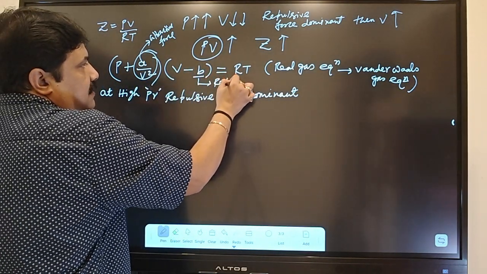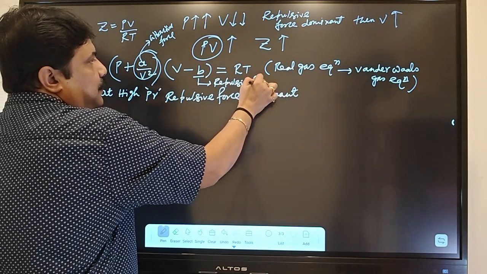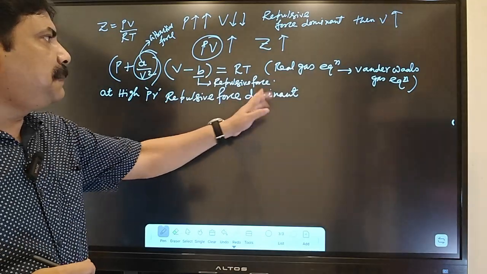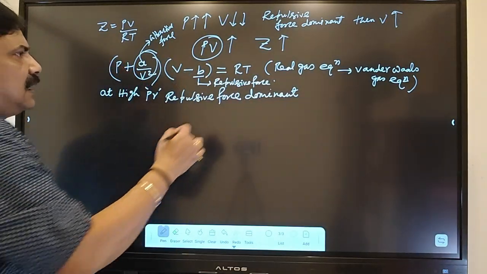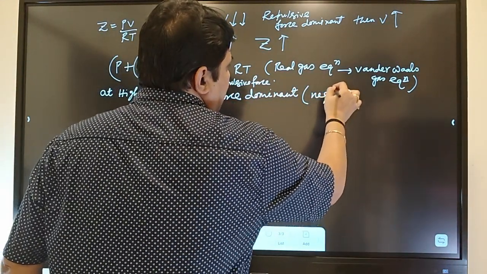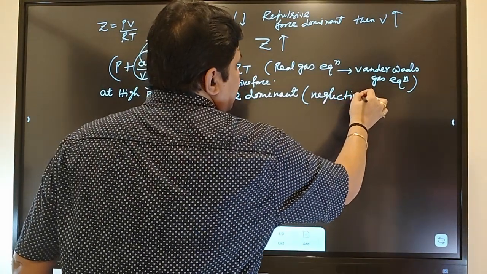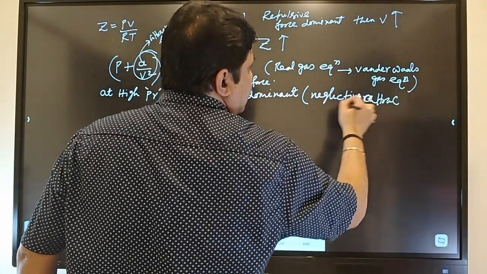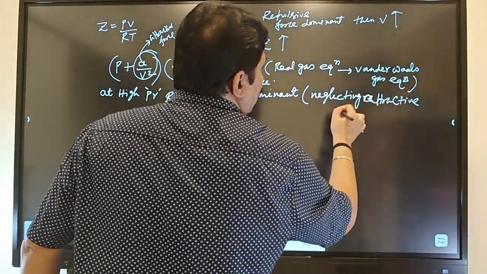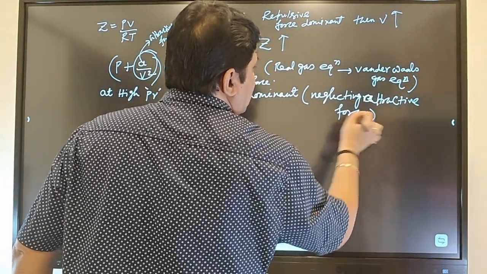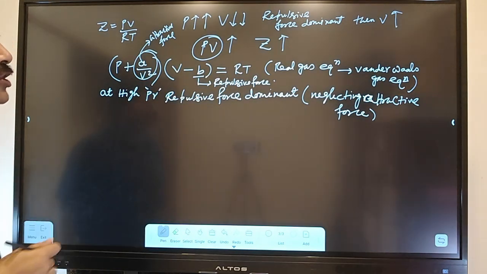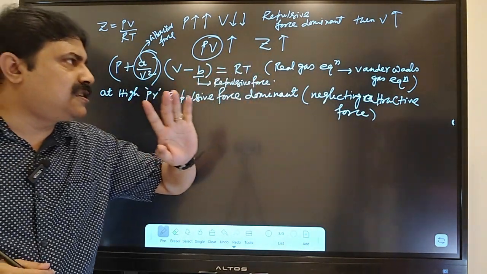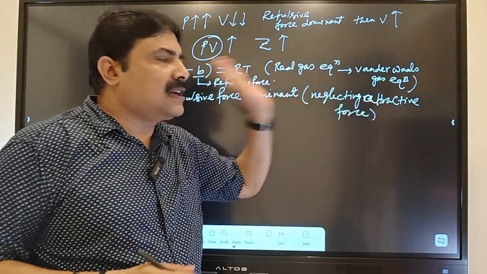So at high pressure repulsive force is dominant, then we neglect the attractive force part. Why are we neglecting the attractive force? Because repulsive force is the dominant factor in the high pressure region.